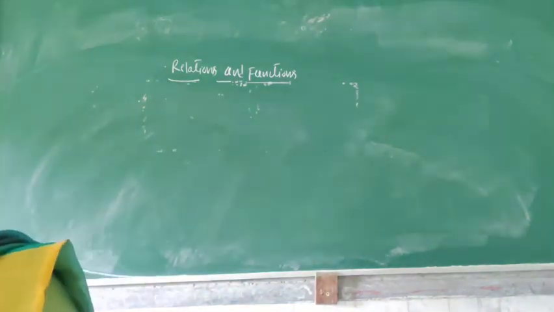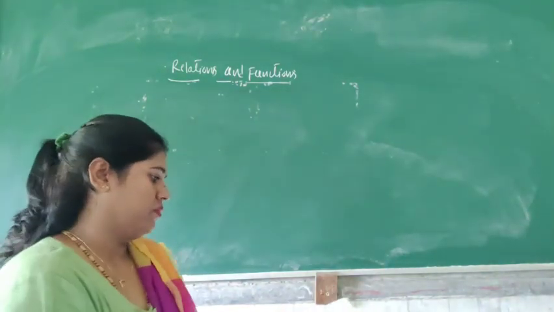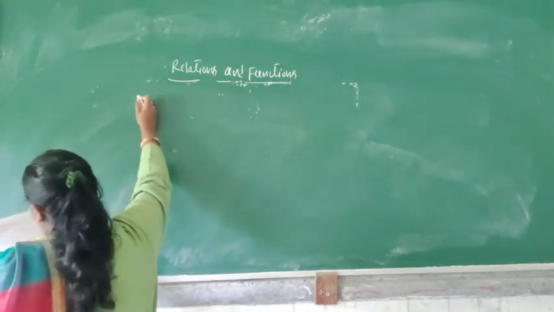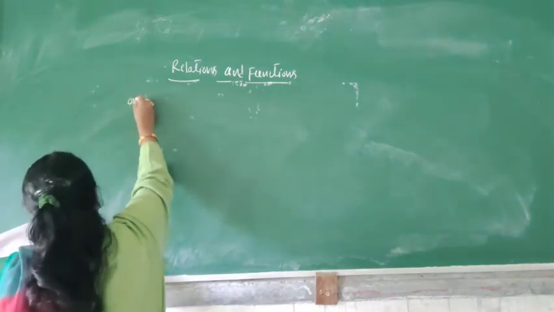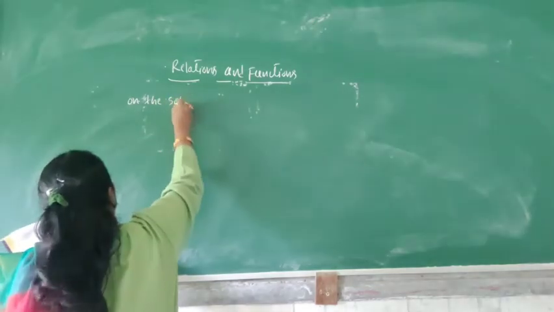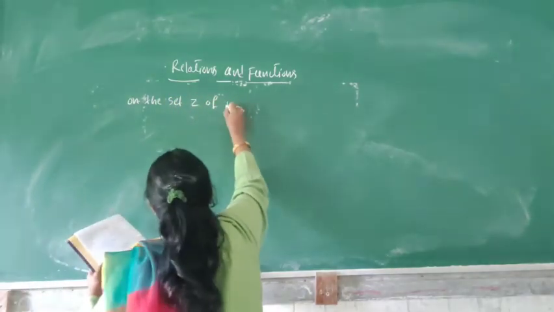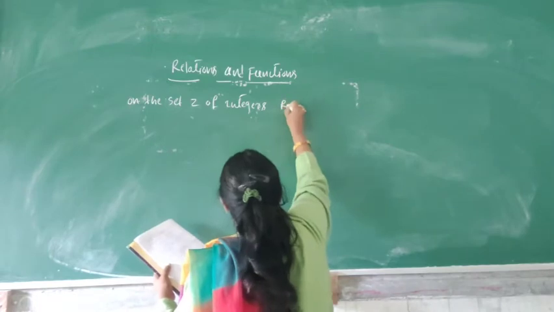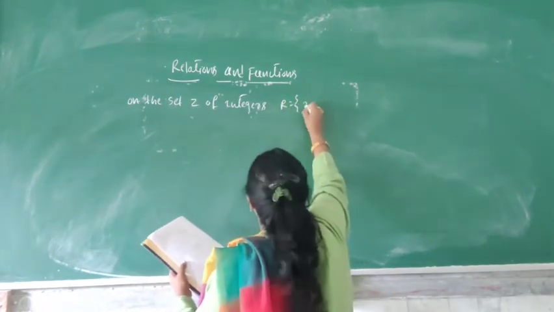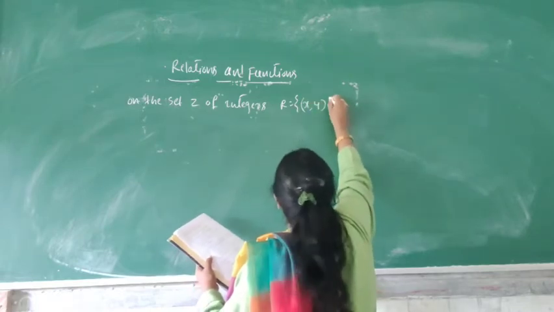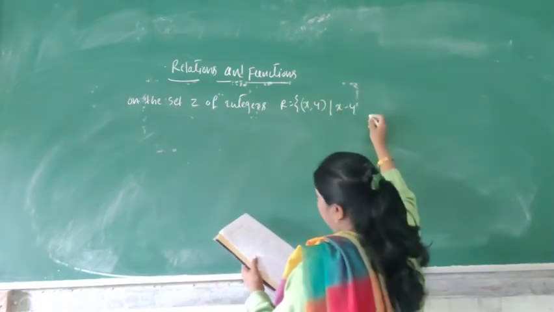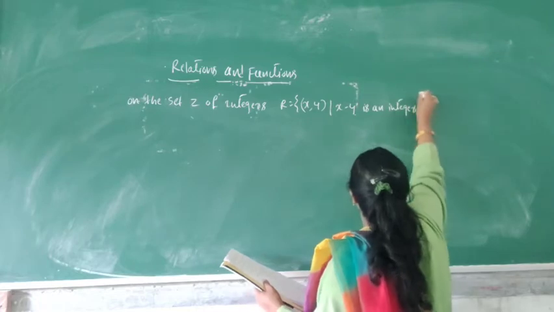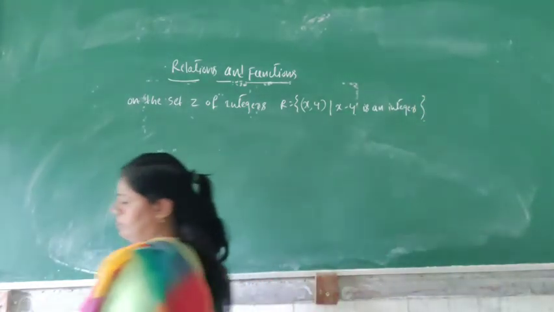Next question. On the set Z of integers, R is equal to xy, such that x minus y is an integer.